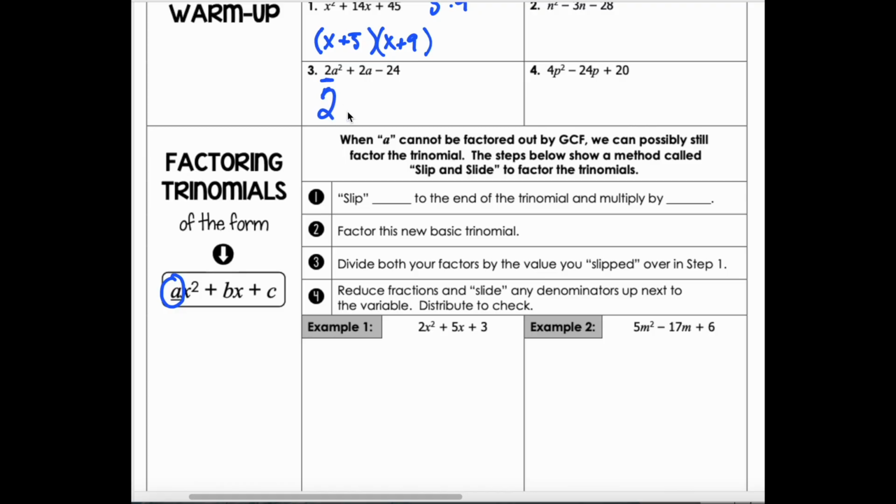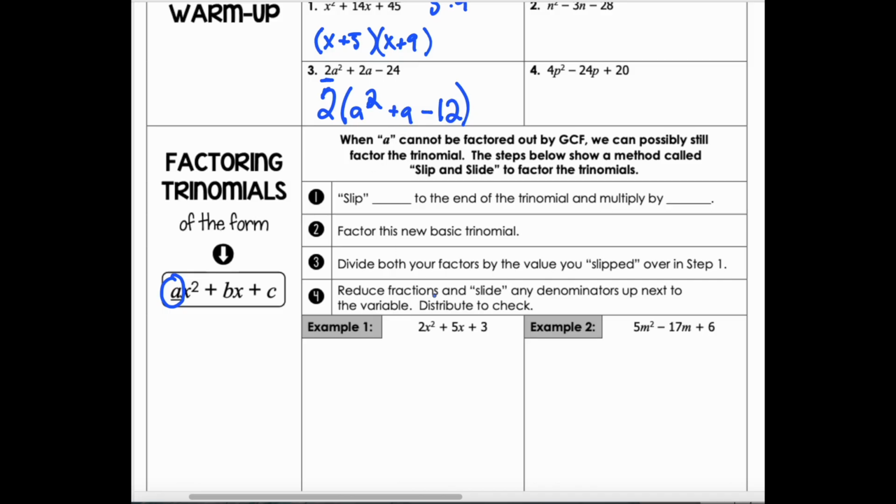So what if I take that 2 out? Then I'm left with a squared plus a minus 12, right? And then I can go ahead and do what we've been doing before, where we would find what two numbers multiply to make negative 12 and add up to positive 1.